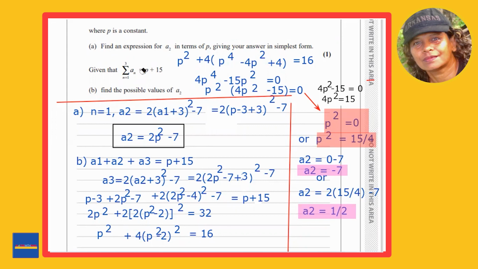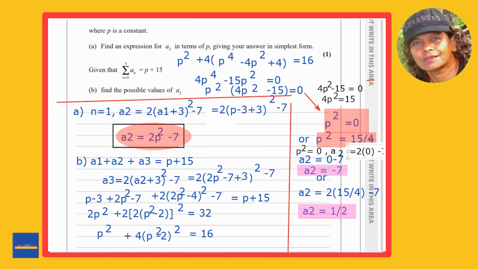Now remember that we already have an expression for a2. a2 is 2P squared minus 7. So when P squared is equal to 0, my a2 is going to be 2 times P squared, which is 0, minus 7.